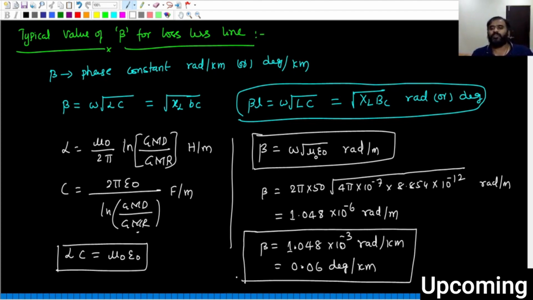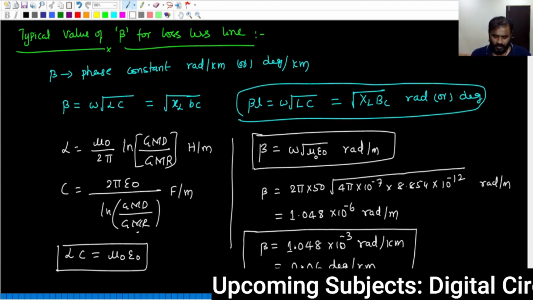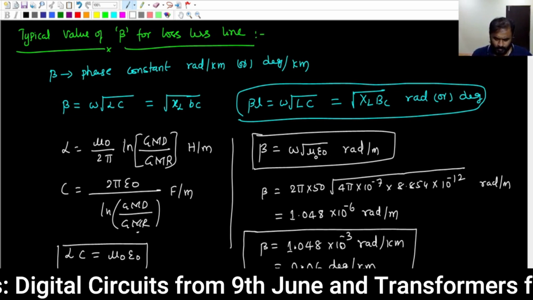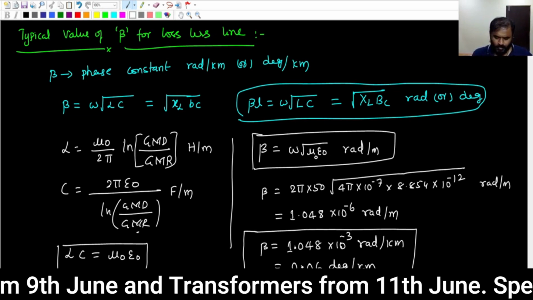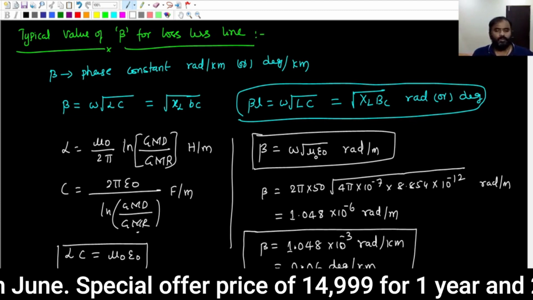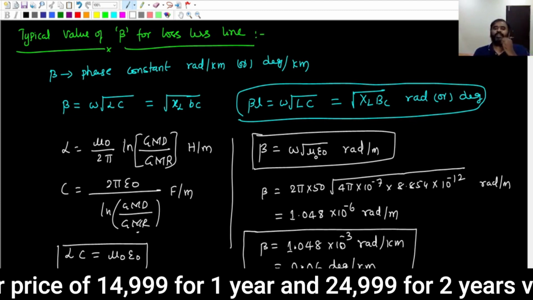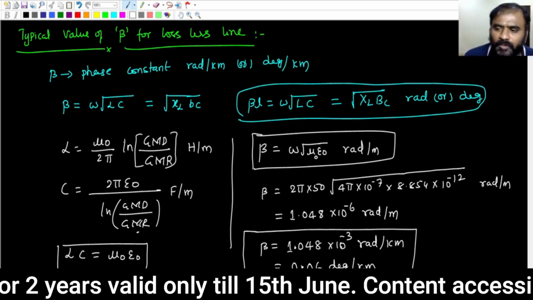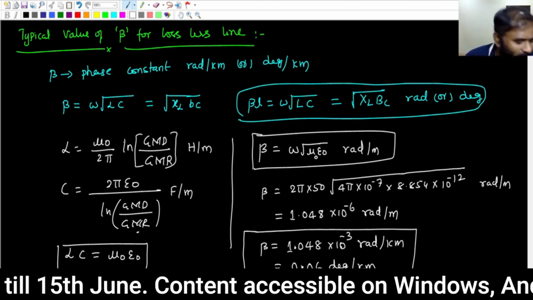So these are the things we get. Okay, clear? Understand? Any doubts here? That's the typical value of beta for a lossless line. I hope you got the clarity on this.